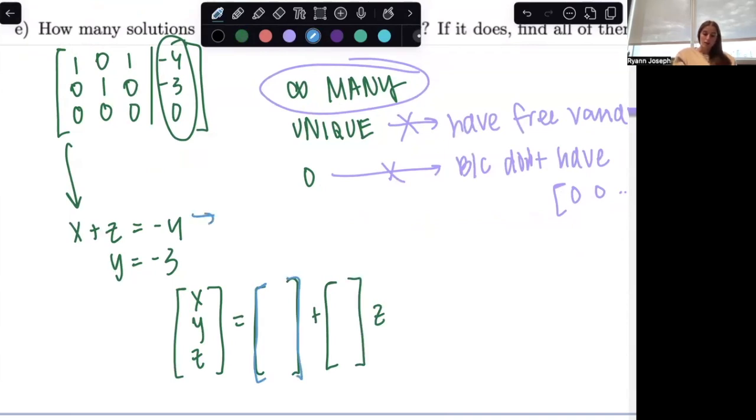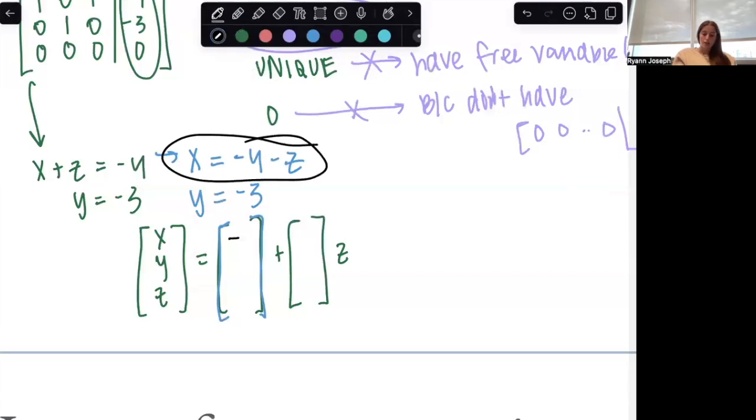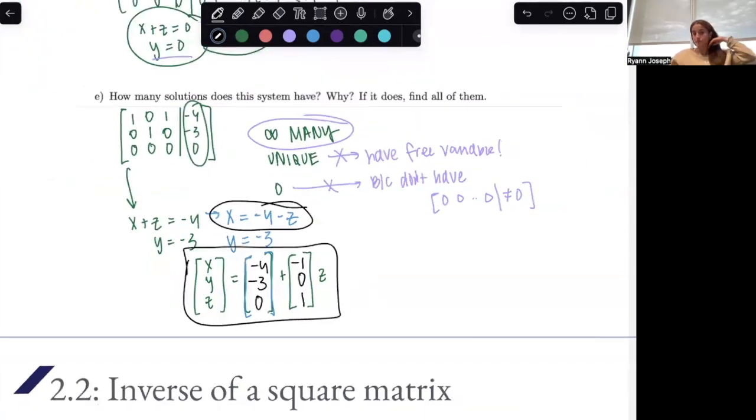This becomes x is equal to -4 minus z, and this is still y is equal to -3. So plugging these in, x is equal to -4 minus 1z, y is equal to just -3, and then z is only equal to itself. So this is the solution.